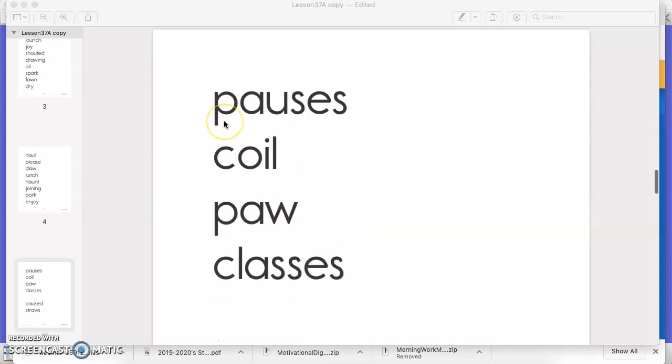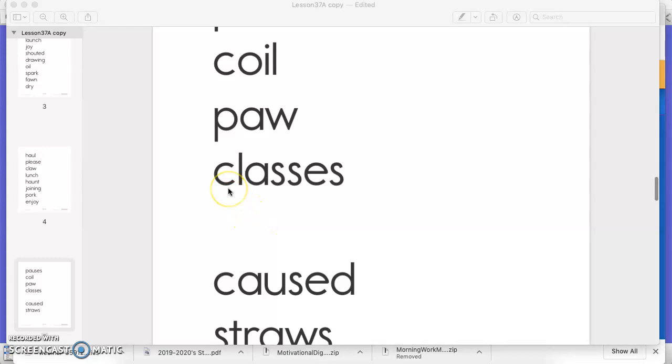Look, sound, pause. Read, pauses. Look, sound, oil. Read, coil. Look, sound, read, paw.